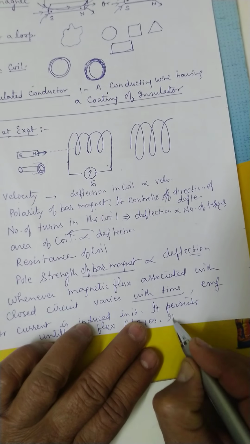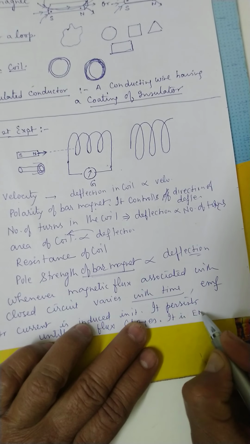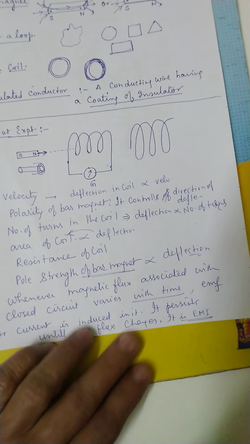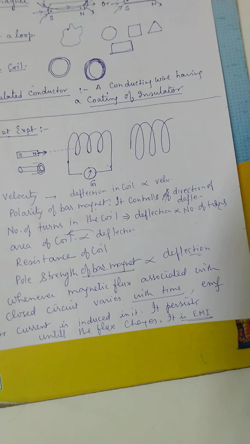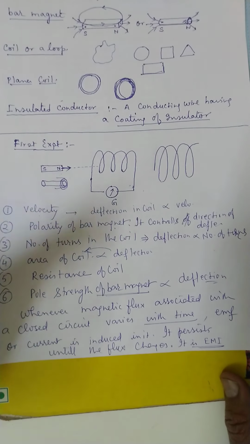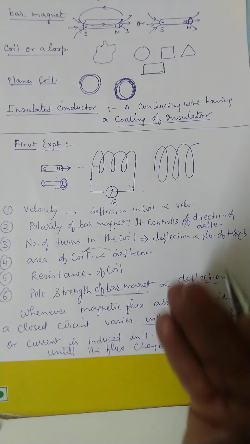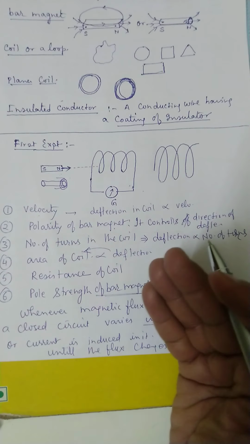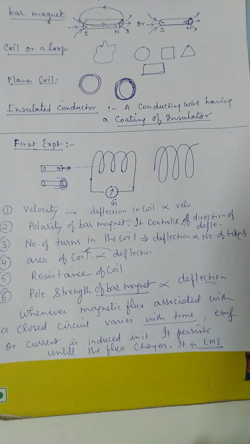This phenomenon was defined as electromagnetic induction. So if somebody asks you what is electromagnetic induction, you should say that whenever the magnetic flux associated with any closed loop or closed circuit changes with time, then there is a generation of current and EMF in the circuit. This phenomenon is called electromagnetic induction.